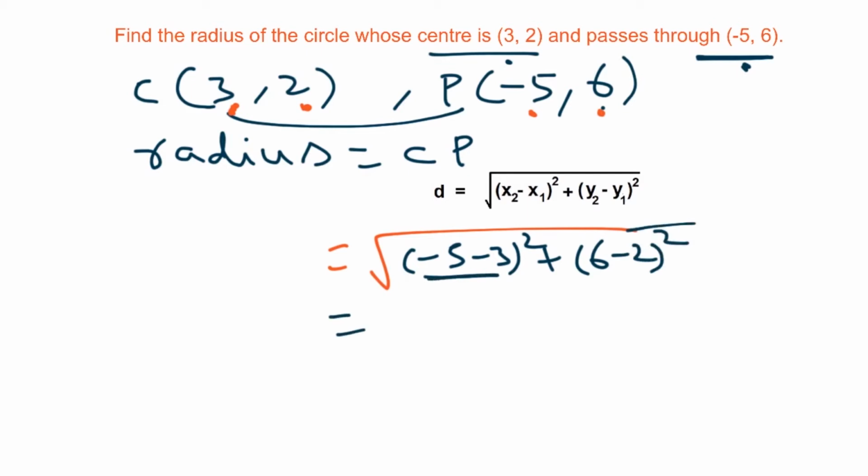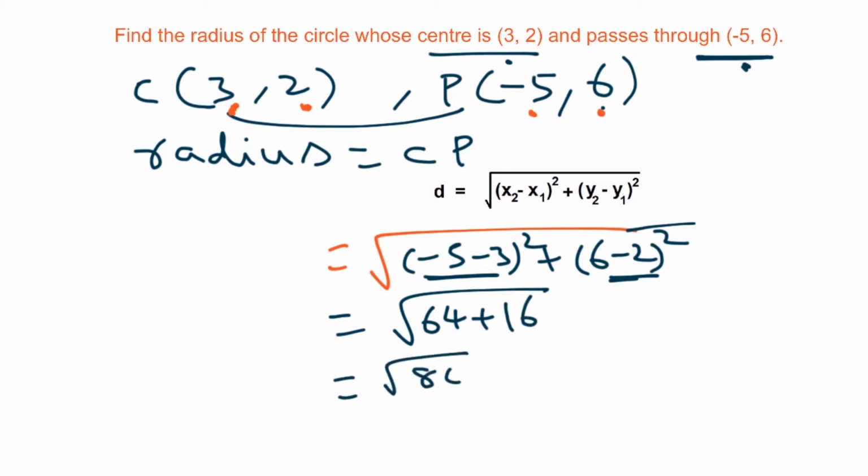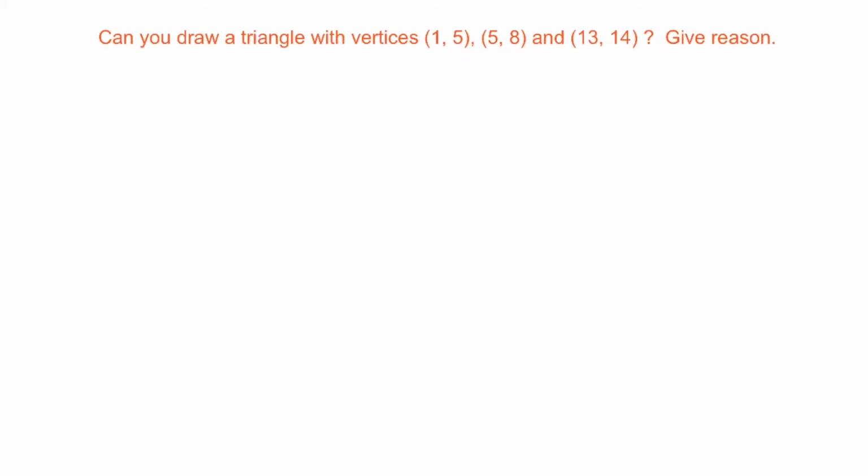So -5 minus 3 is -8. -8 squared is 64, plus 6 minus 2 is 4. 4 squared is 16. So we can write it as square root of 80, or we can simplify it, since 16 times 5 is 80, and write it as 4 root 5. So the radius of this circle is 4 root 5.